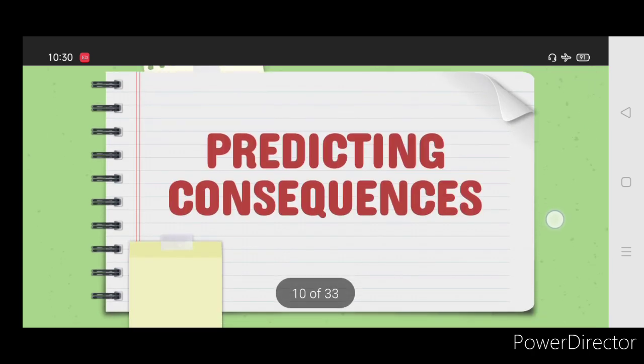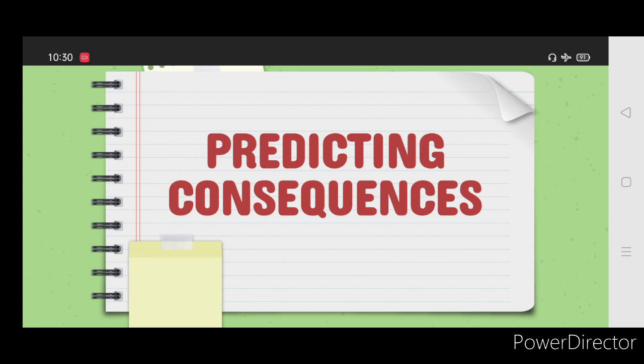Okay? Okay, so we have here the predicting consequences. Okay, so when we say predicting consequences, it is the moral involves in predicting the consequences of an action before we act. Okay? Before we act.